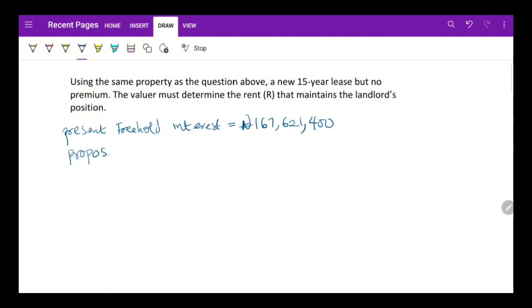Now remember, what we're looking for is the new rent. We don't know the rent, so we're going to look for the proposed interest for the freeholder, and then we start with the term.